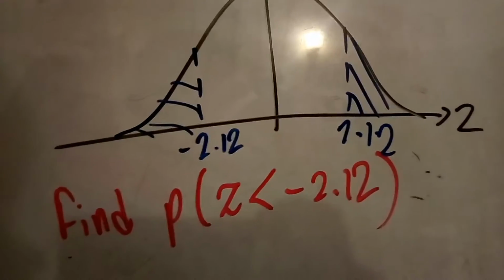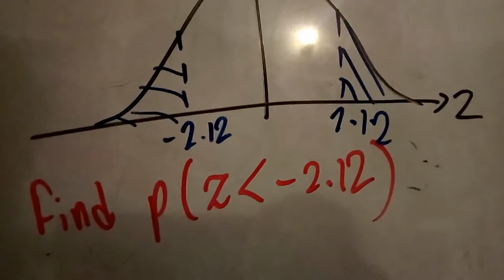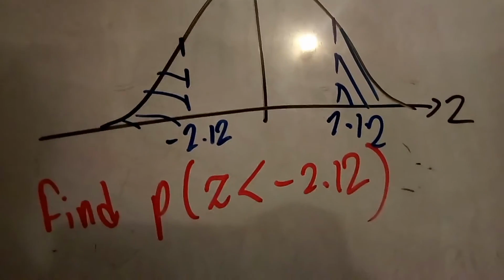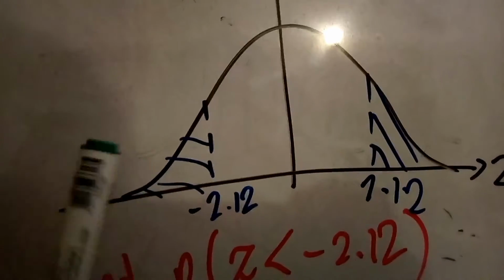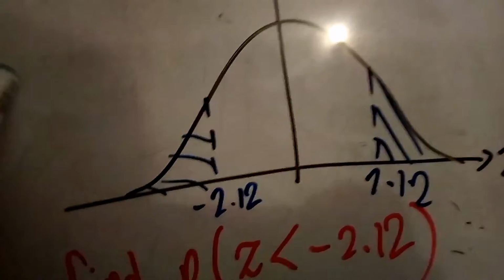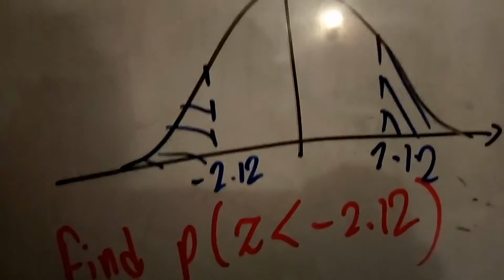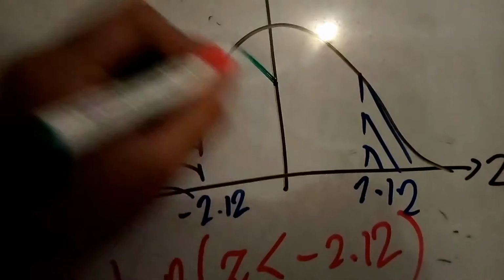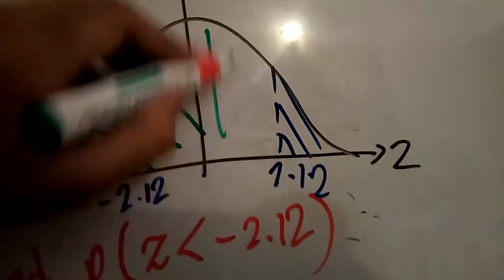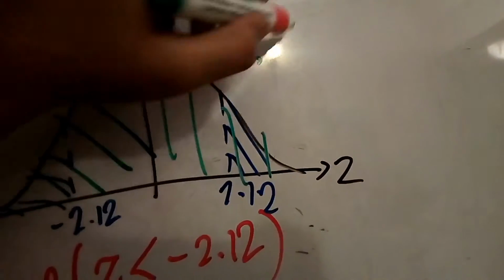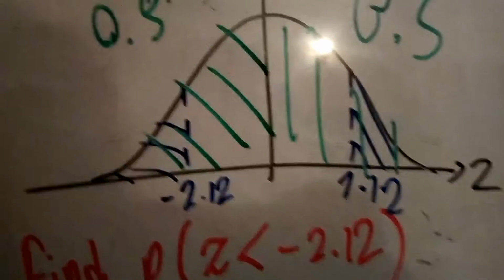If you remember from the last answer, it is 0.0170. And one important thing which I forgot to mention was, since this is symmetrical and the total probability is 1, this entire area is 0.5 and this entire area is also 0.5.